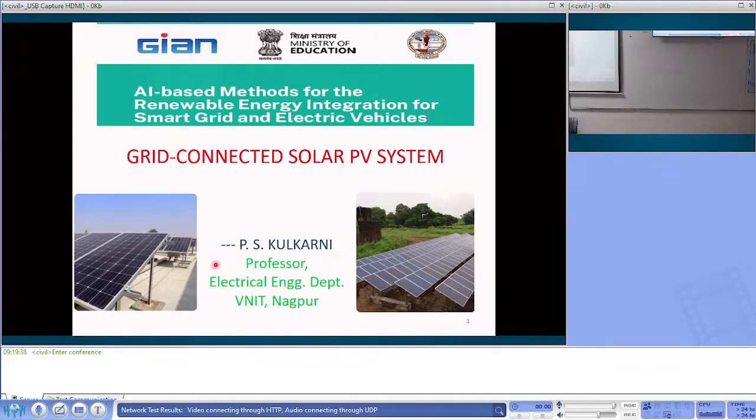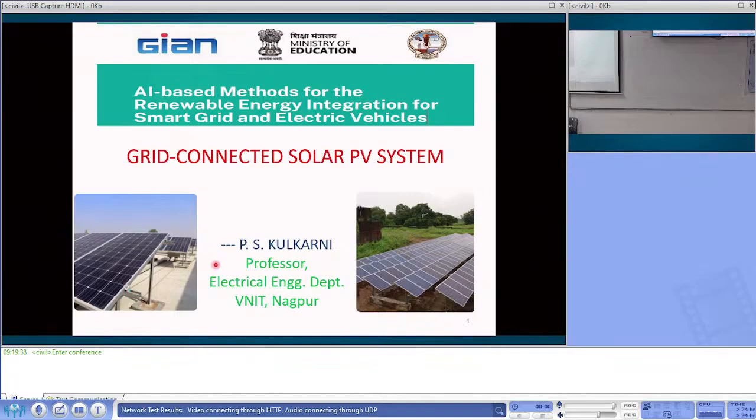Then what is common, and how to design a grid connected solar PV system? With some PV basics, we will consider the design steps and the parameters which are important when the performance of such a grid connected system is to be evaluated. So there are technical parameters as well as economical parameters.